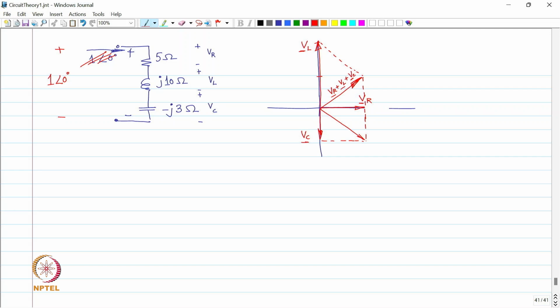Now, what is going to happen? So, earlier what did we do? Earlier we pushed 1 angle 0 degrees into the circuit and measured the voltage. Now, I am saying suppose this is the voltage, what is the current?